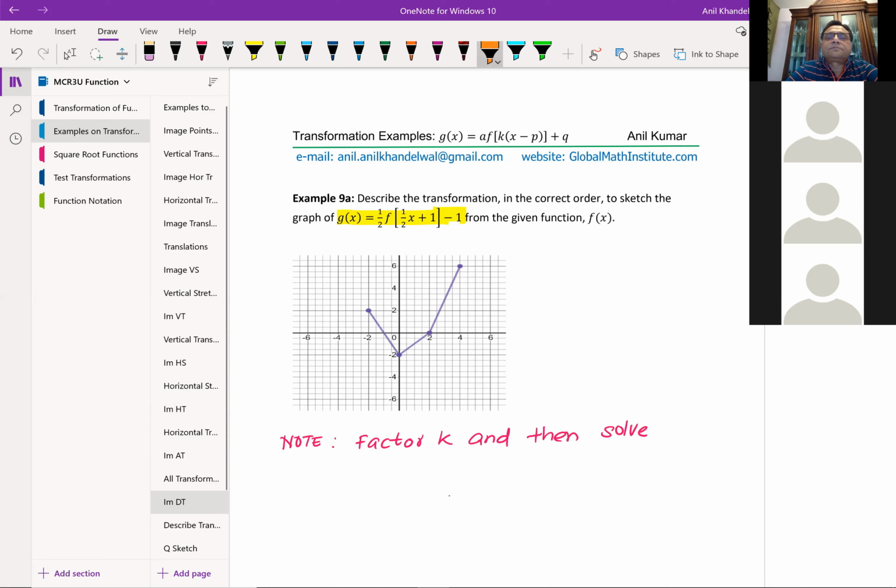Well, there is a vertical translation, vertical minus 1. Okay, but then like for the last question, I think you have to factor out. Yes.